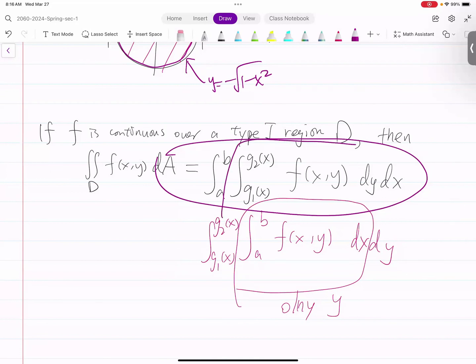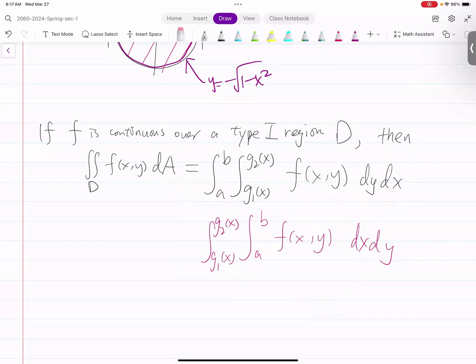Because in the inner integral, you get rid of x, get rid of y, right? But then you plug in g1 and g2, you'll get a function only in terms of x. And then on the outside, you integrate in terms of x. So that gives you a scalar. So these two are definitely different. That's a clear difference.